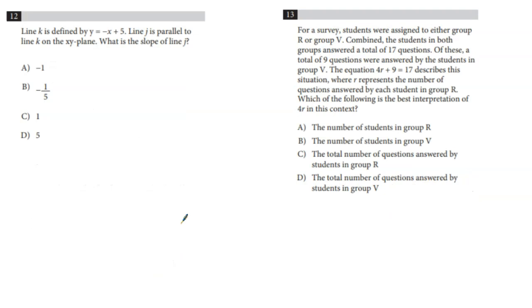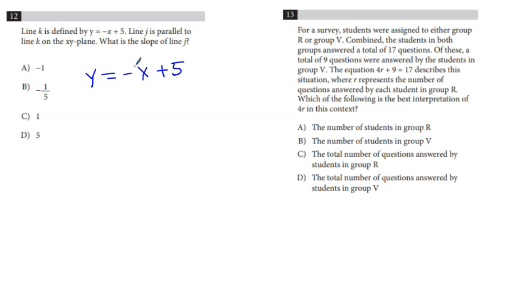Okay, line K is defined by negative x plus 5, and line J is parallel to K in the xy-plane. What is the slope of J? So here you have to know your perpendicular and parallel. So here they even make it easy for you. So here you have to find the slope for this line here.